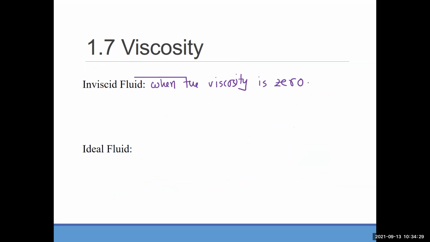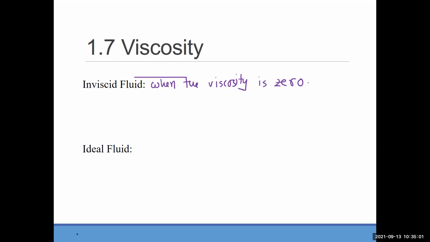Now, it is not possible to have a 0 viscosity, because viscosity is a characteristic of the fluid. If there is no viscosity, that is not a fluid. So this is not real, but for some fluids like water or air or oil, we can have a very low viscosity. So we usually consider those fluids as inviscid fluid when the viscosity is very, very low.